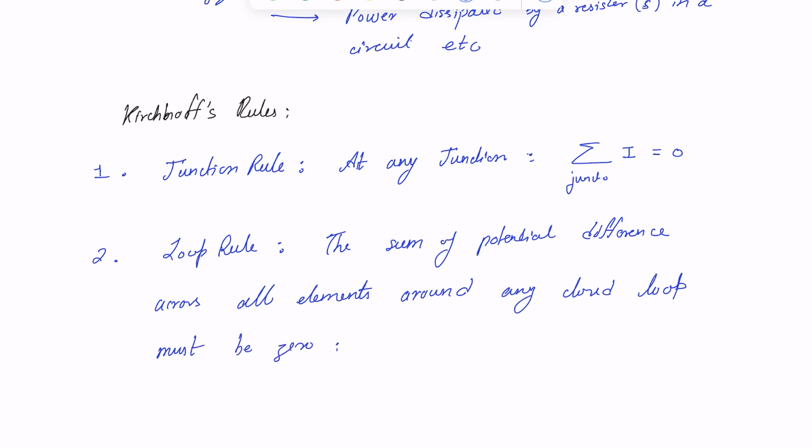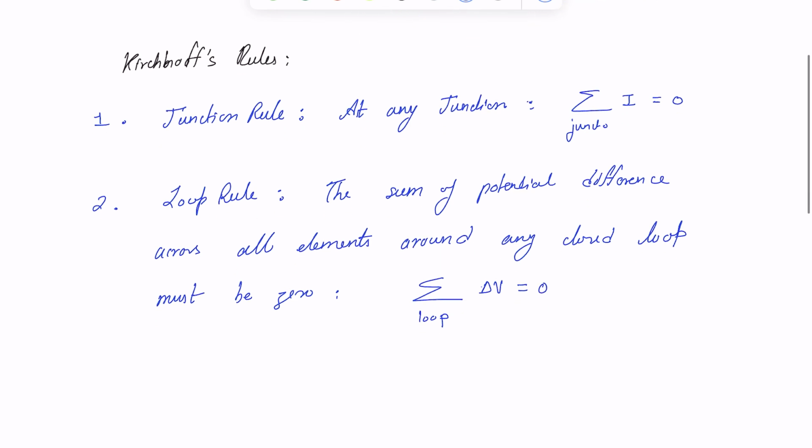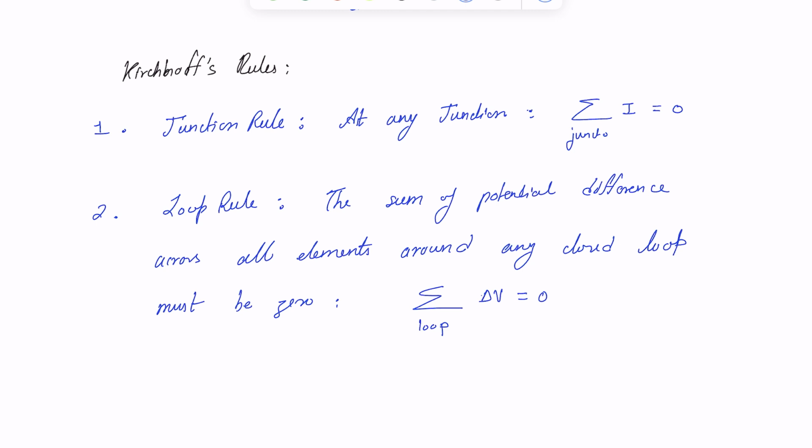This means in a closed loop, delta V equals 0. Now these rules, for now, if you just remember them as given here, it will be beneficial. But further down the road, we'll see that these rules make sense because the junction rule has to do with conservation of something, and the loop rule has to do with conservation of some other thing.